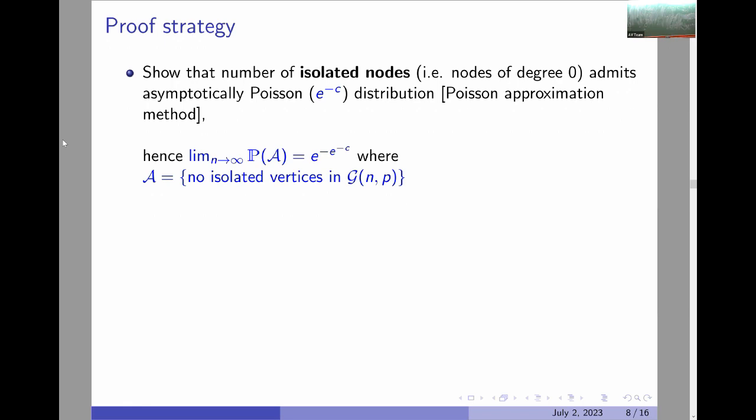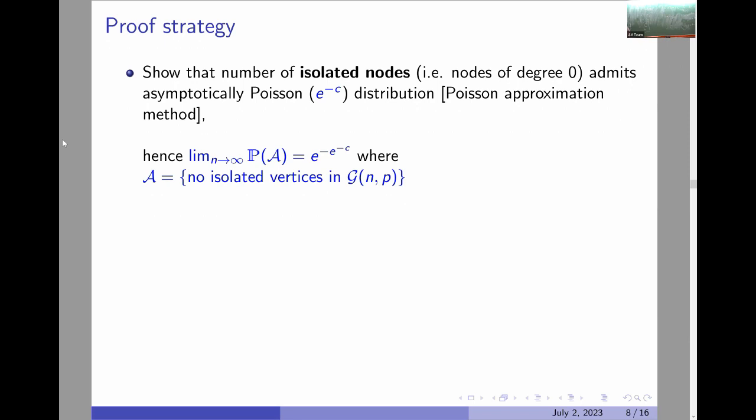Okay, so it's easy enough to get the asymptotic expression for the average number of isolated vertices. But you have more. You have the fact that this is asymptotically Poisson distributed.